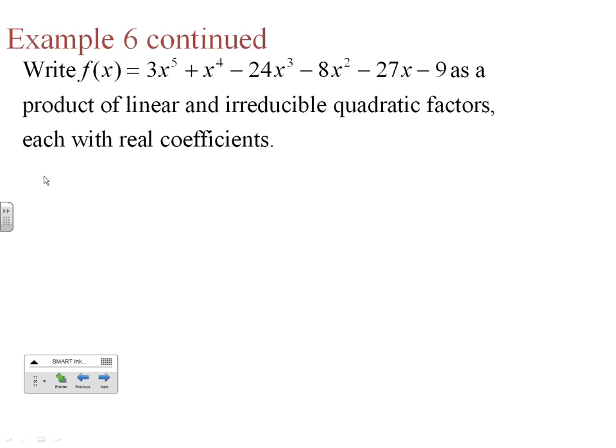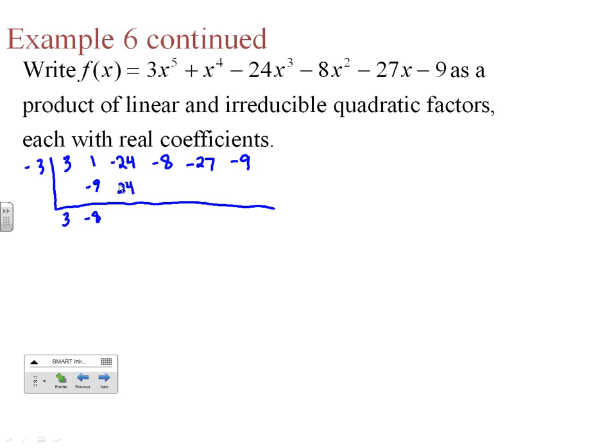If I divide by -3 using synthetic division, this is 3x to the 4th minus 8x cubed, there isn't an x squared, that's an x, and that's a number.